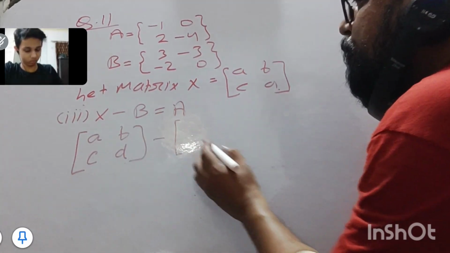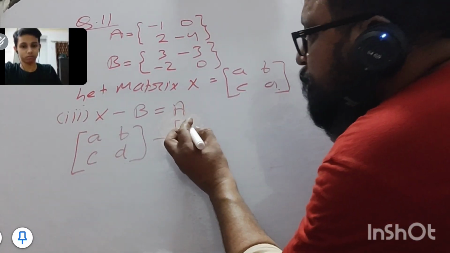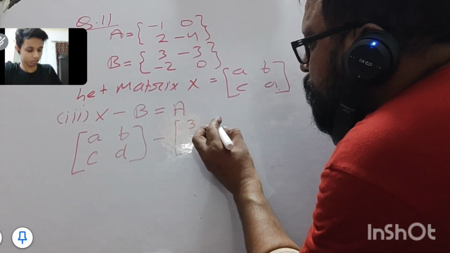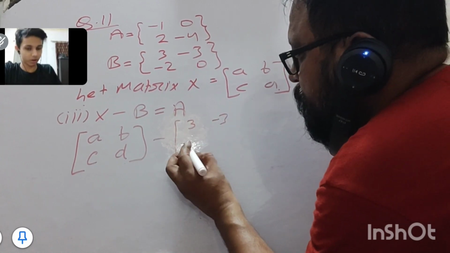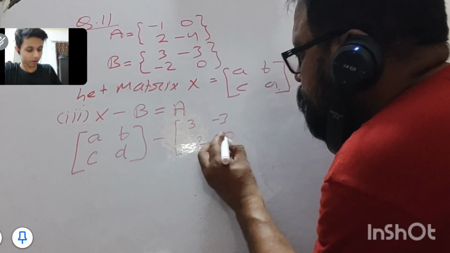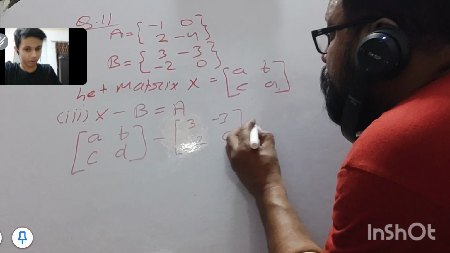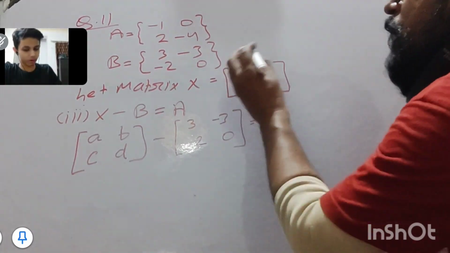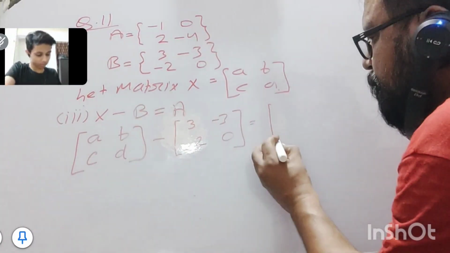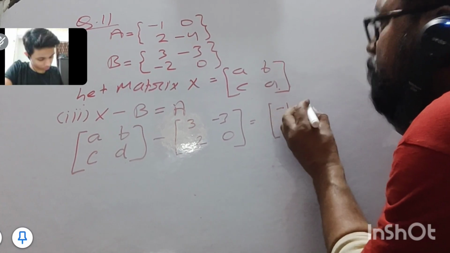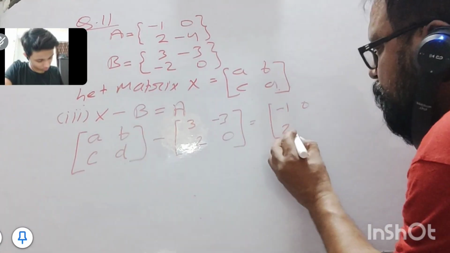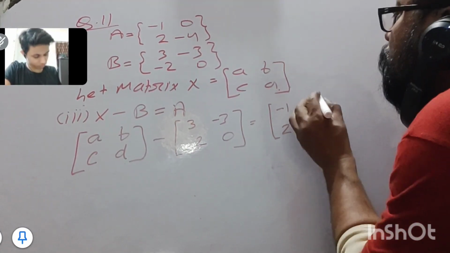is equal to A, where matrix B is [3, -3; -2, 0] and A is [-1, 0; 2, -4].